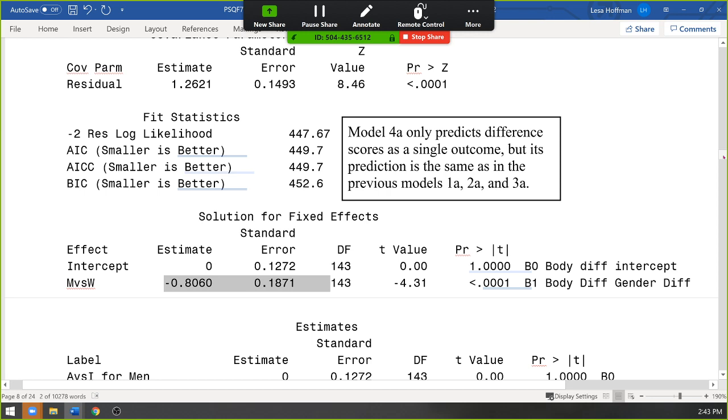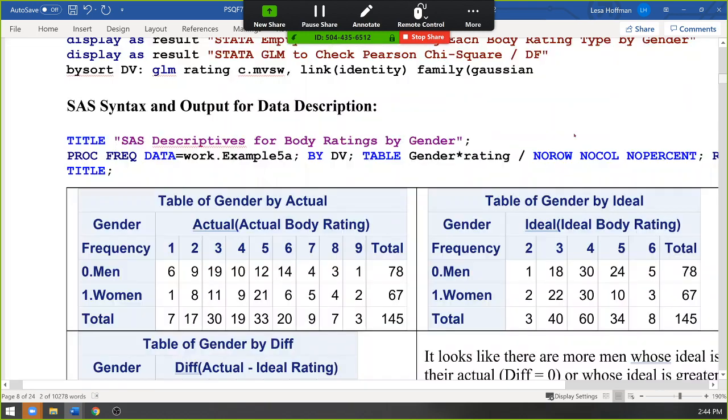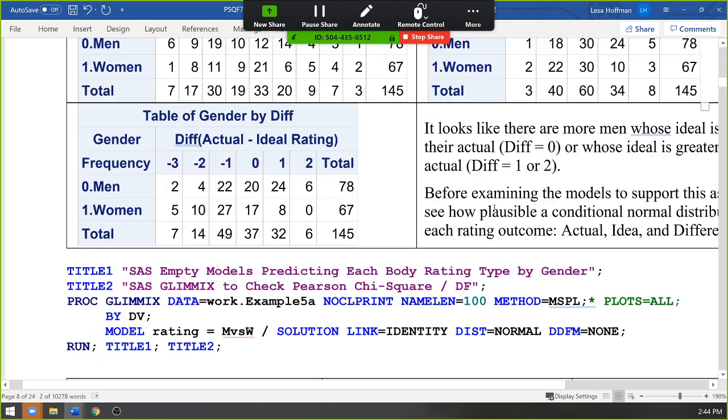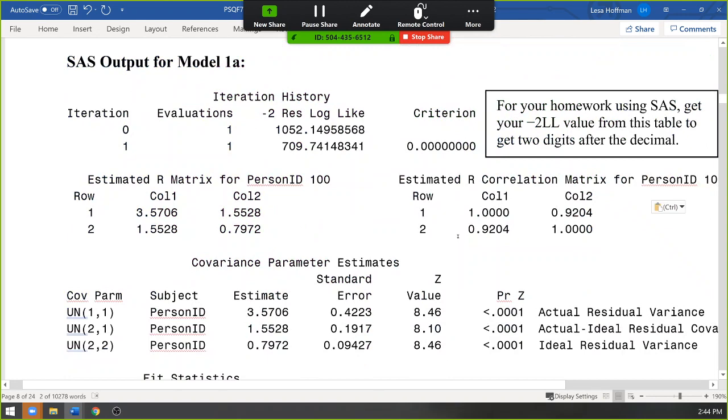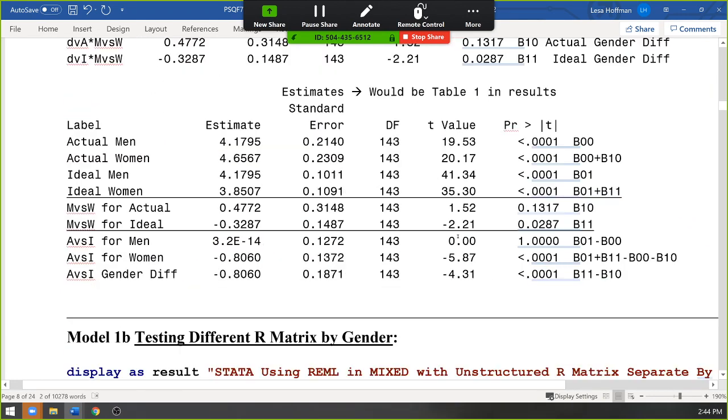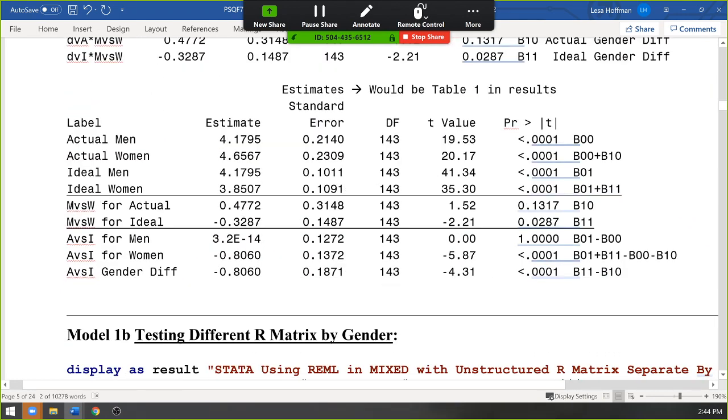So the rationale for putting in actual and a difference score, or actual and ideal, is so that you can answer all three questions simultaneously to try and nail down what is the source of the difference. And based on what we've found in the previous models, let's back up to any one of them because they're all going to tell us the same thing. There was no significant difference between men and women for actual, but there was a significant difference for ideal.